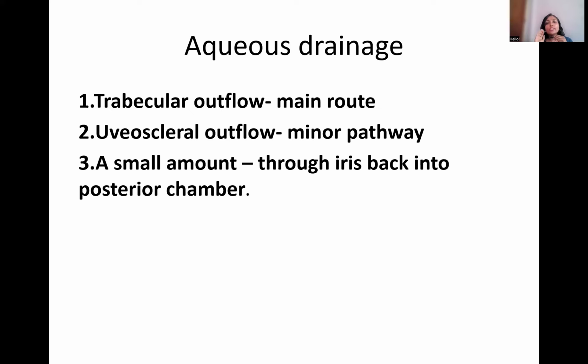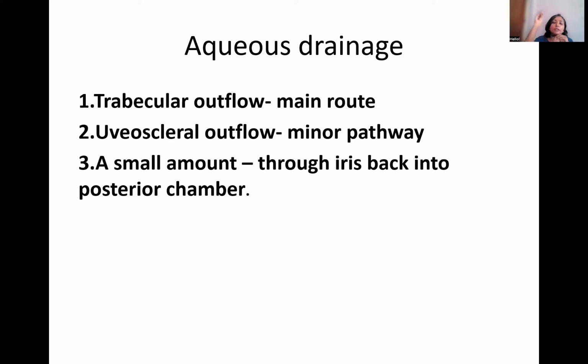Now we dealt with the production of aqueous humor. Now, how is the aqueous drained from the eye? We have three main routes. The major route is known as the trabecular outflow. Then we have another pathway, a minor pathway known as the uveoscleral pathway or the uveoscleral outflow.